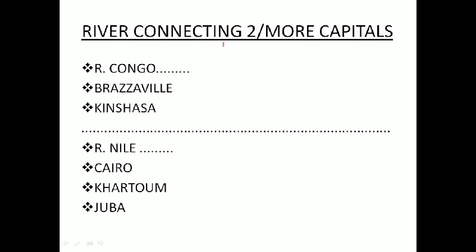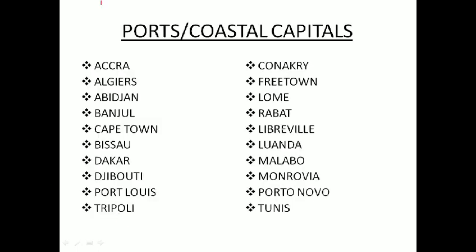Now, rivers connecting two or more capitals. We have already discussed this, I am just reminding you. River Congo, Brazzaville and Kinshasa. River Nile, Cairo, Khartoum and Juba, South Sudan's capital. Now, ports or coastal capital cities.